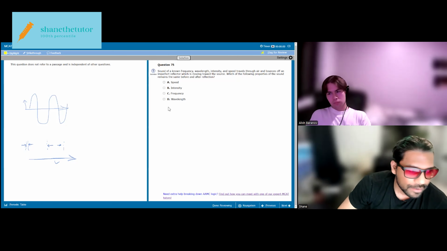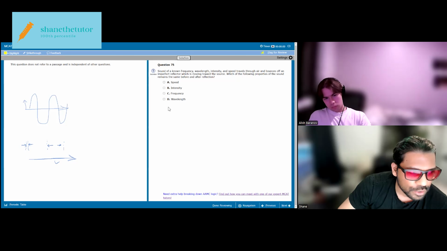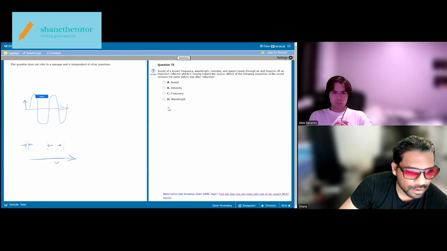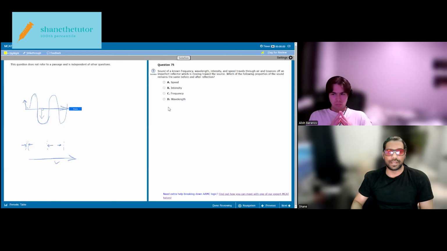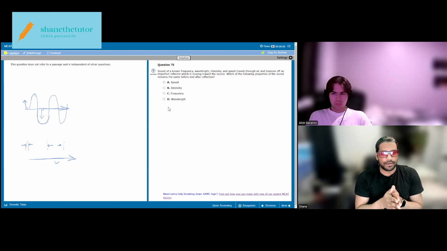However, for a transverse wave, you could either have it going up like this to push the medium up, or down to push the medium down. But no matter what, it's 90 degrees to the direction that the wave is traveling, which is left to right.